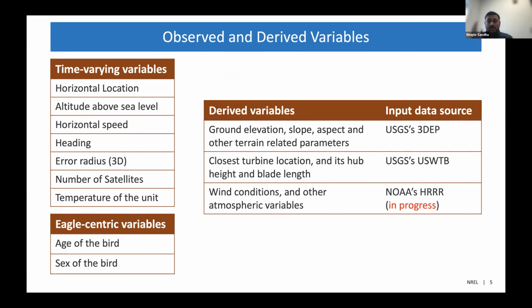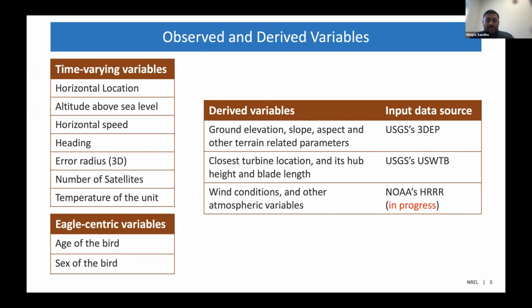The heading information, which way the bird or the unit is oriented. The error radius, so we have horizontal dilution of precision and vertical dilution of precision, and then we can get the error radii from that. And they are time varying as well. And the number of satellites and the temperature of the unit. We have the age of the bird and the sex of the bird. That's obviously not varying with time.